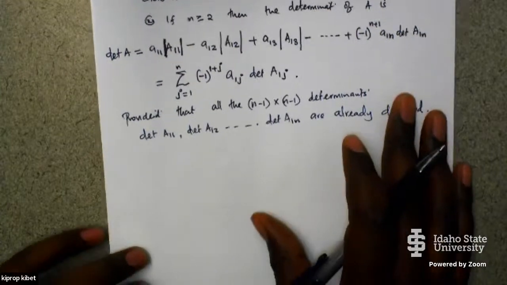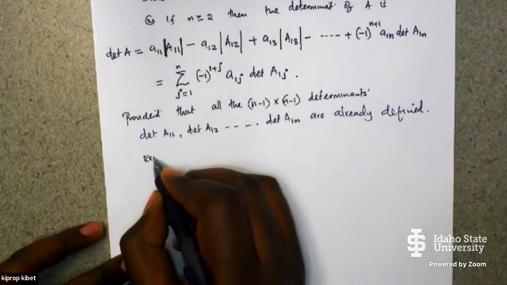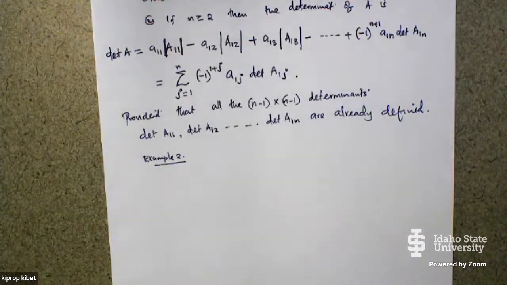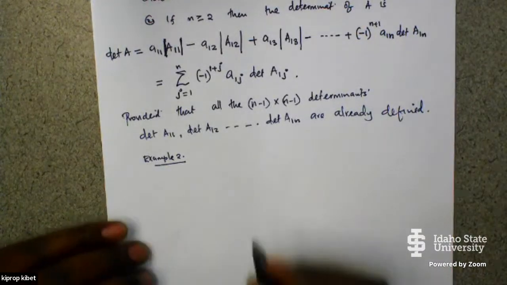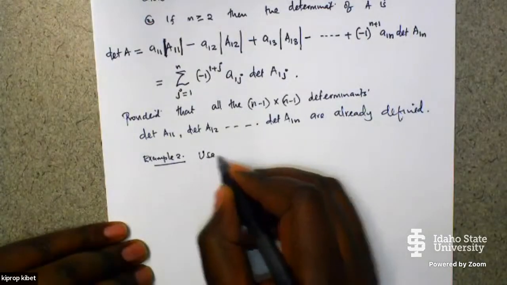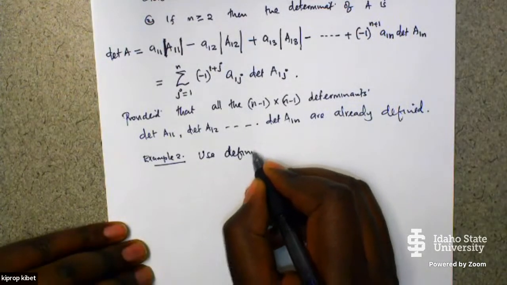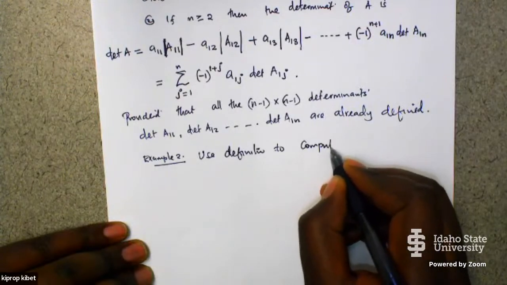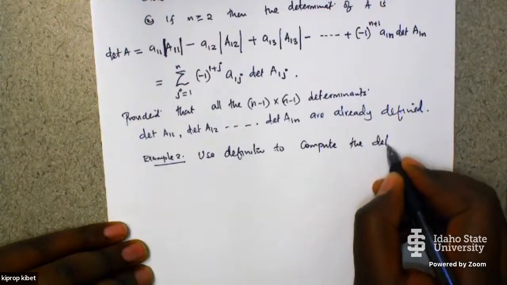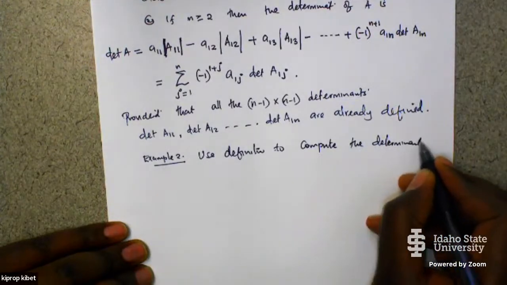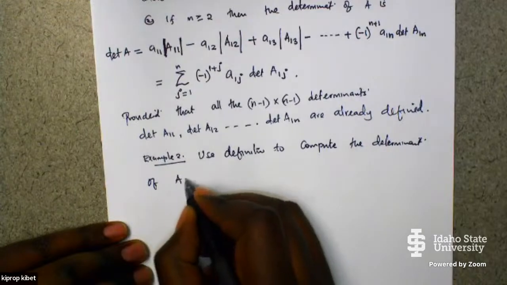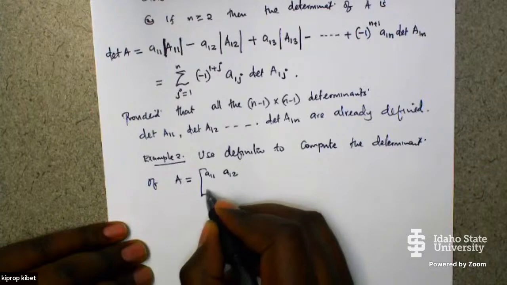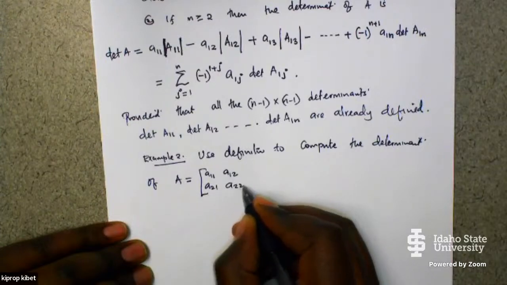Okay, let's look at example number 2. Now, if we have a 2 by 2 matrix, let's use the definition to compute the determinant of A, which equals a11, a12, a21, a22.